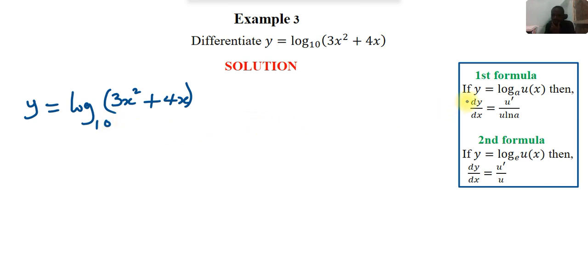Now in this case, I would like to say that our a actually represents any available constants. A constant is a constant. Likewise, we have u to be the same, but the a that we have here represents any other number. For instance, this 10 that we have here is standing for a.